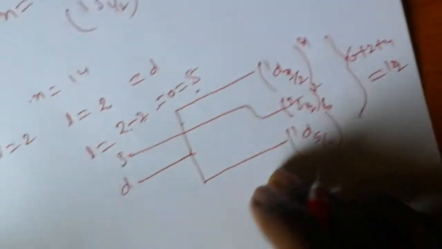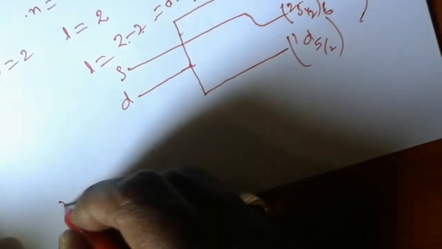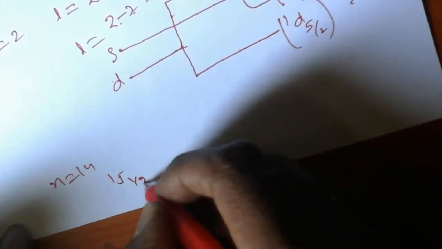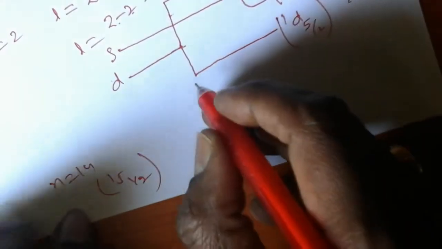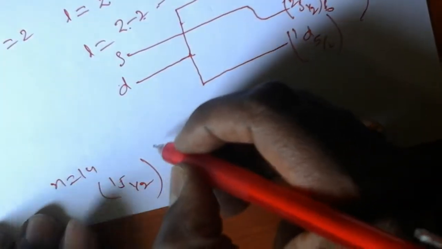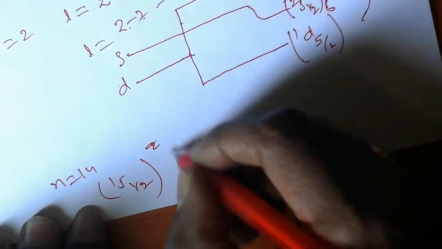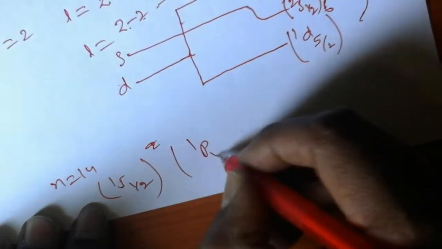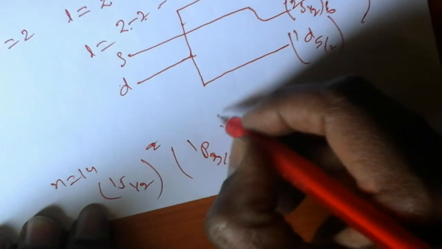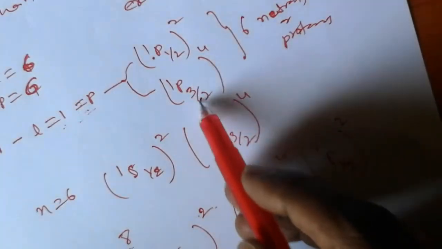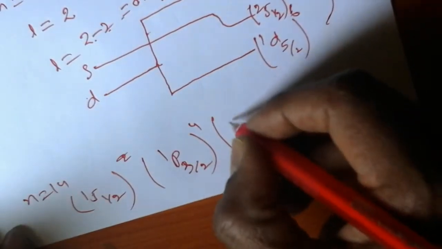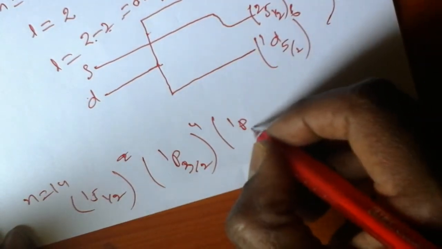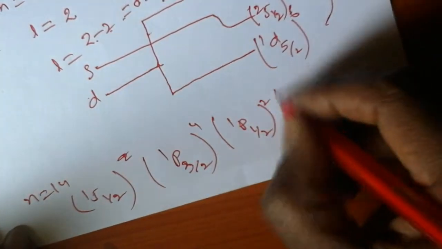So if I want to write n is equal to 14, I can write 1s to the power of 2, 1p 3/2 to the power of 4, and 1p 1/2 to the power of 2.